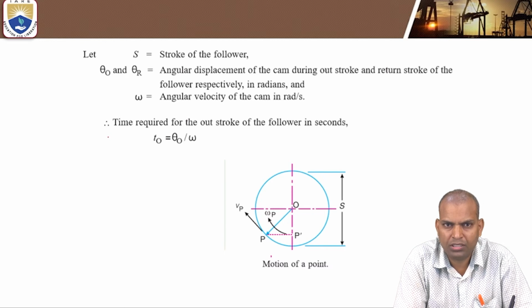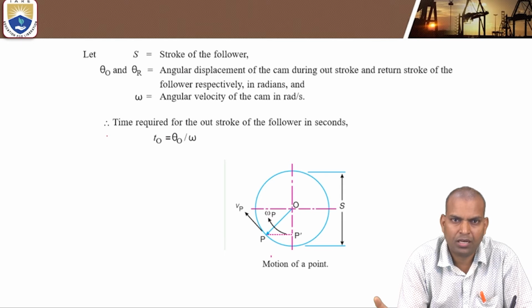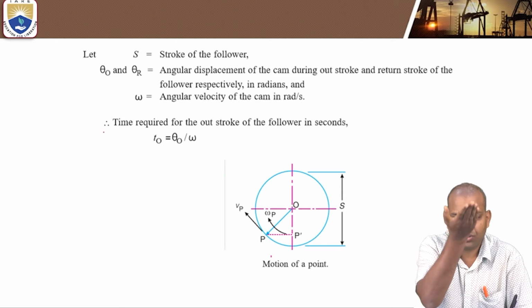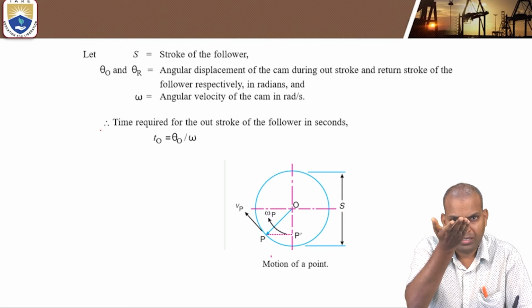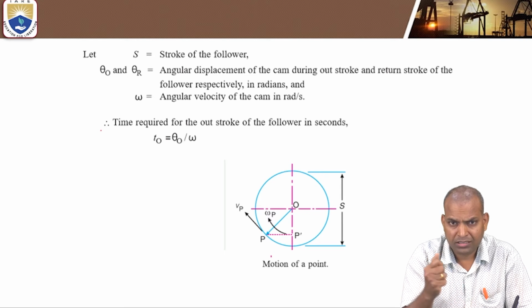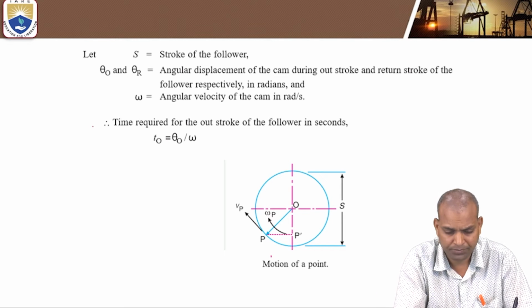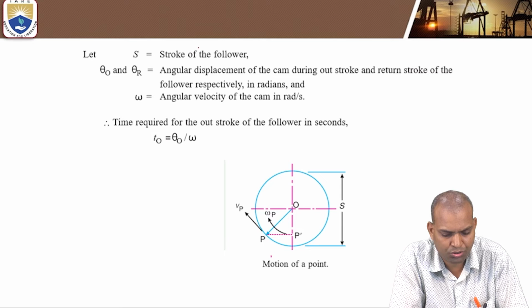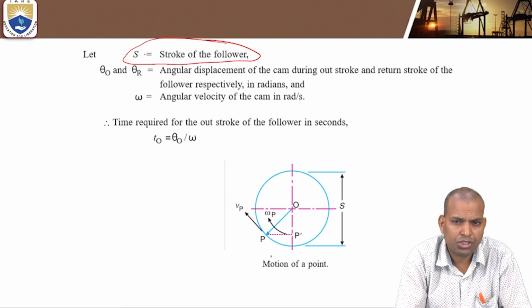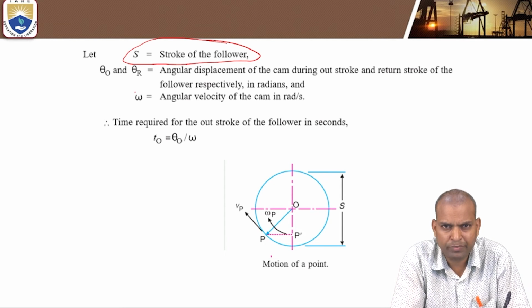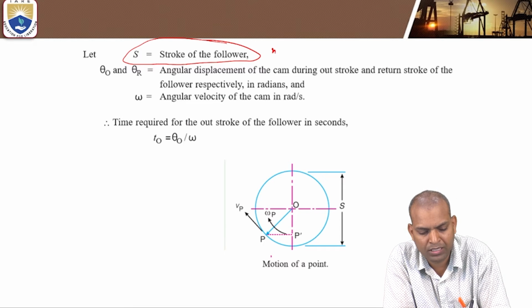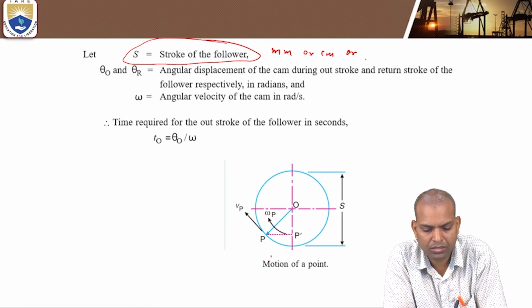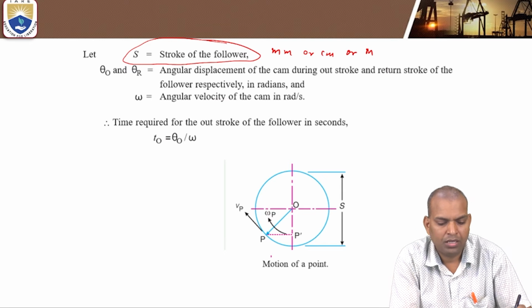During outstroke, the maximum displacement takes place, upwards motion, and in return stroke, it comes back. The maximum distance moved up and coming back, that distance traveled by the follower, is known as the stroke of the follower. The stroke of the follower is denoted by the letter S. The units of the stroke of the follower are millimeters, centimeters or meters.